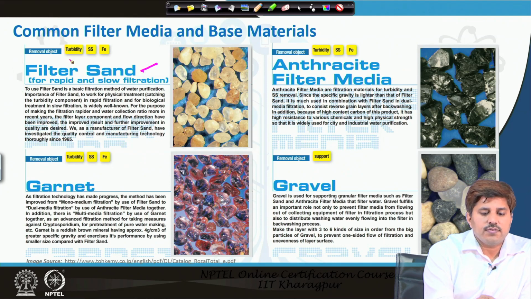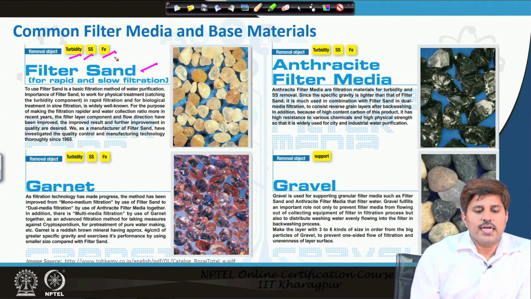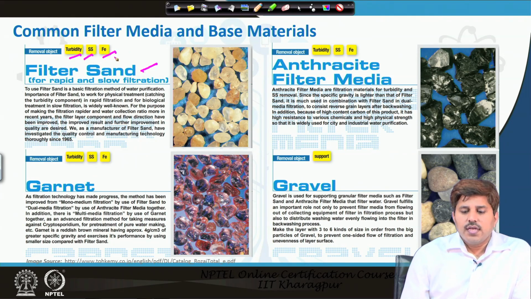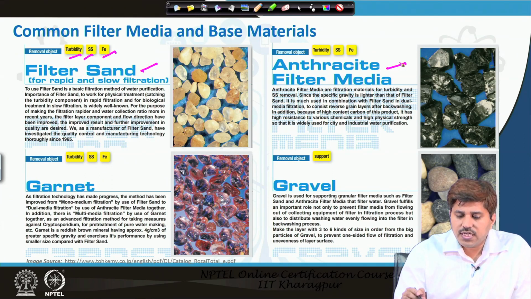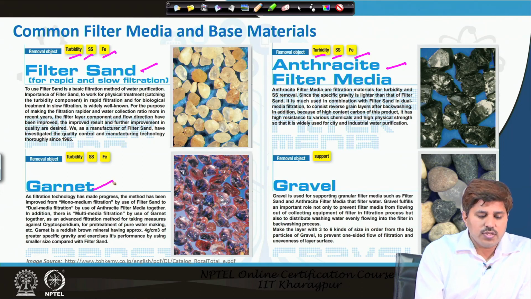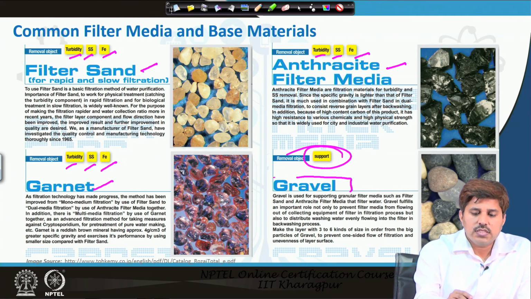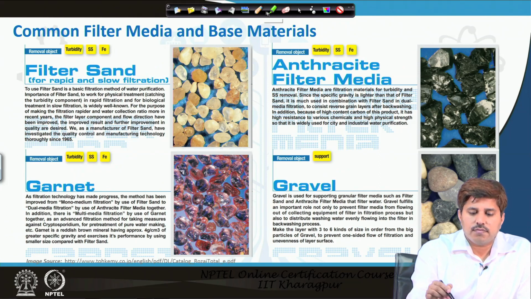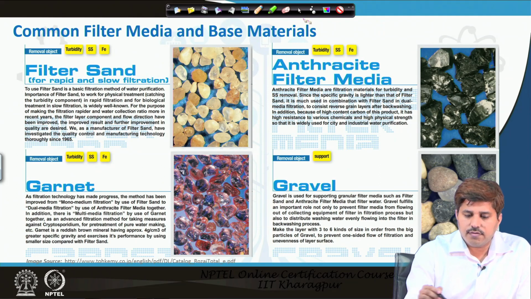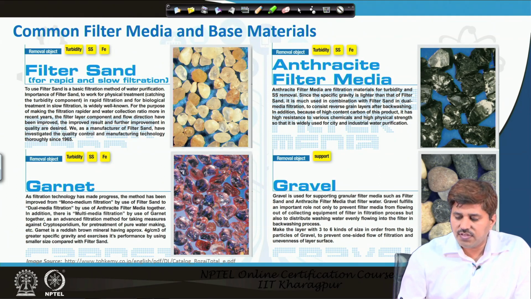The removal objective is turbidity, suspended solids and iron. Anthracite filter media can remove turbidity, suspended solids and iron. Granite can also remove turbidity, suspended solids and iron, and gravel is for supporting purposes.